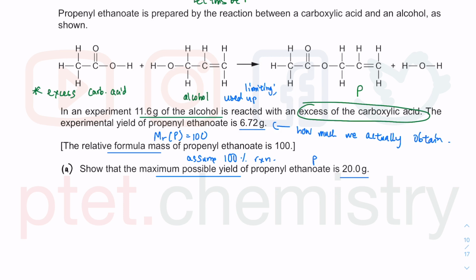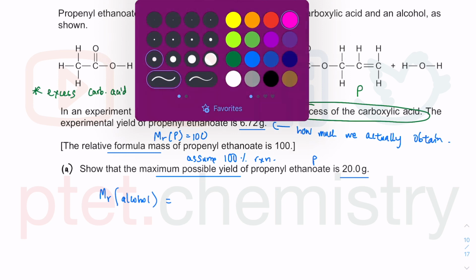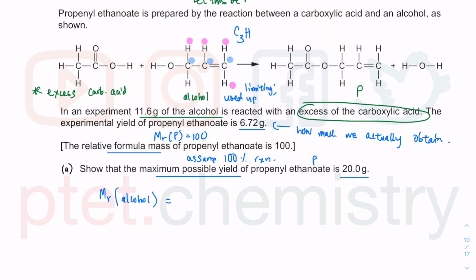So I need to work out the number of atoms because I need the Mr of this alcohol, since I'm only given the Mr of this product here. So I have 1, 2, and 3 carbons. So the Mr of the alcohol consists of 3 carbons, so C3, H 1, 2, 3. Let me use a different color. 1, 2, 3, 4, 5, 6.